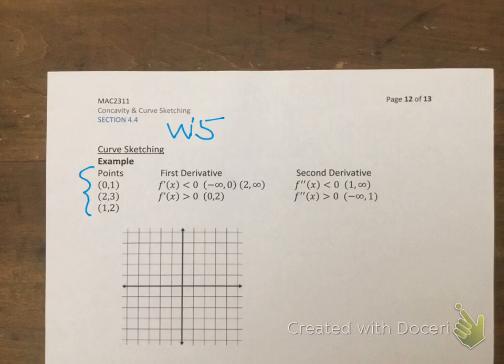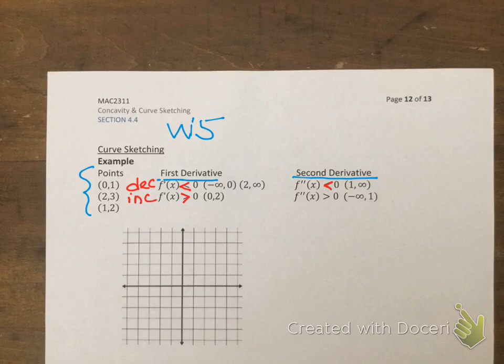Look at what you're given. You're given some points. You're given some information about a first derivative and a second derivative. You are told here where your first derivative is less than 0, so negative. So this means where you are decreasing, and where your first derivative is greater than 0 or positive, so where you are increasing. Same thing here on the second derivative.